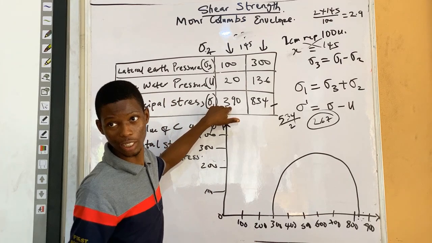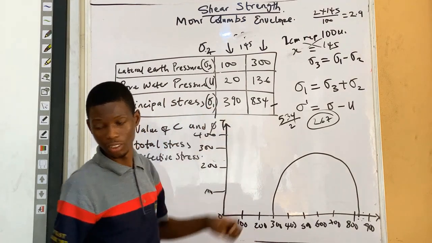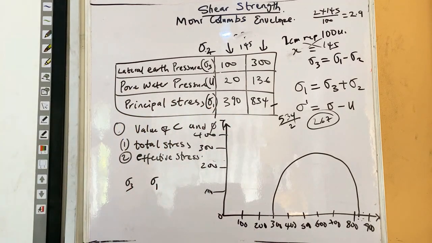You're able to get the 390. How will you do it? Okay, we'll still go to the graph and pick 390. See now, 2.9. Where's that? Come on, check. Where's that? 600.